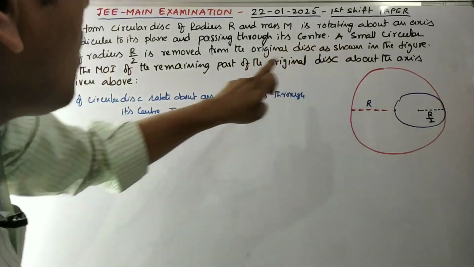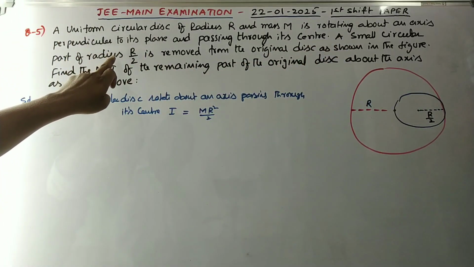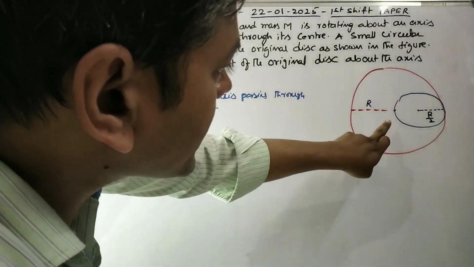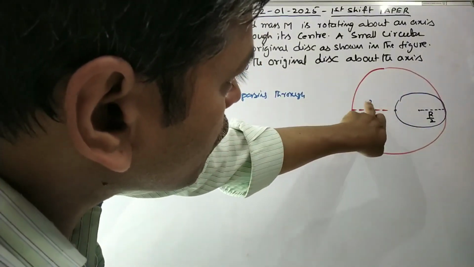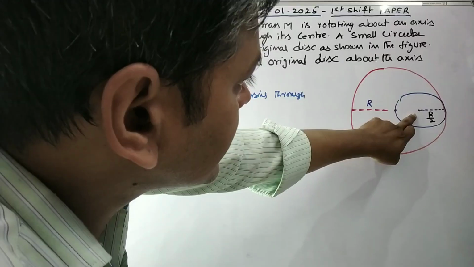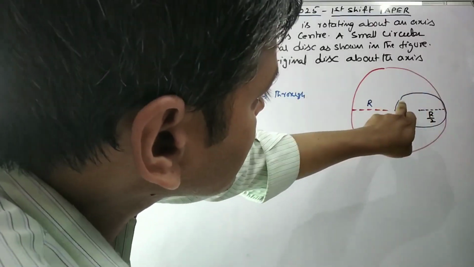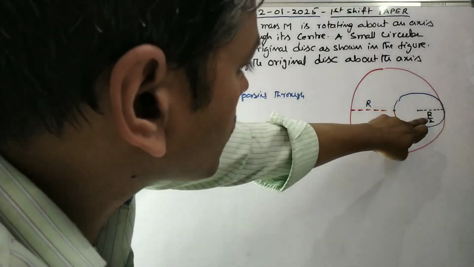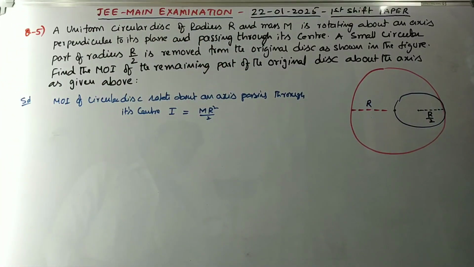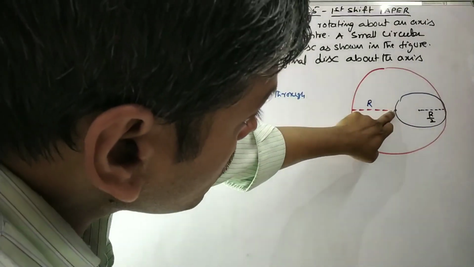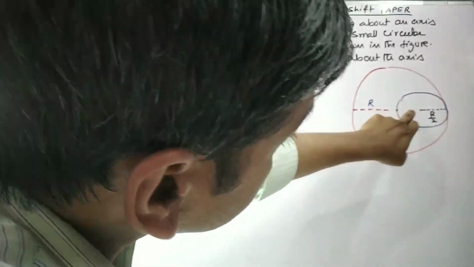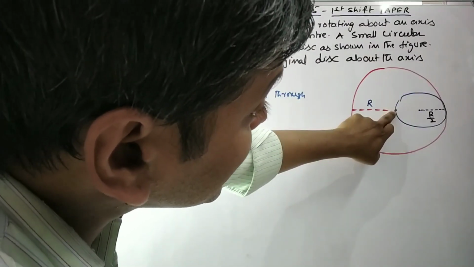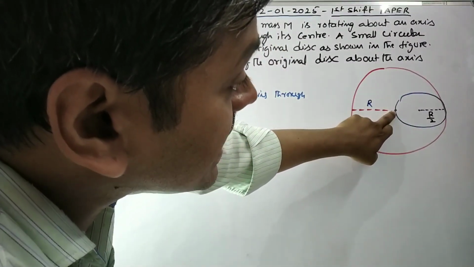Now a small circular part of radius r by 2 is detached from this uniform circular disc. That means a small disc of radius r by 2 is removed. Now this small circular part rotates about a tangent.